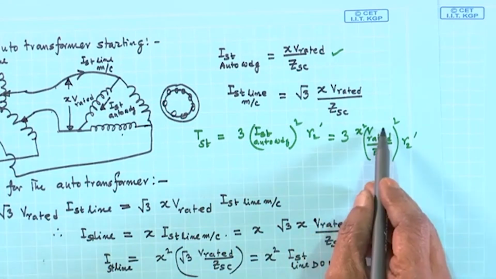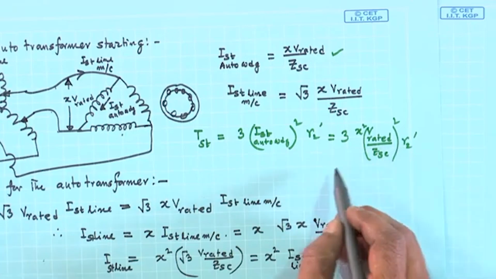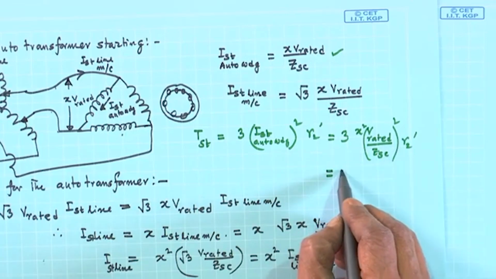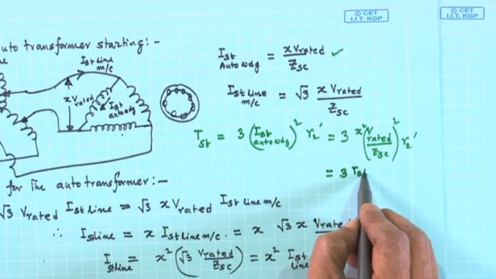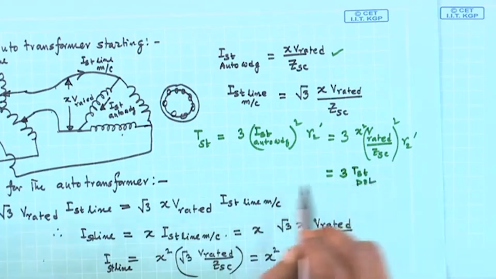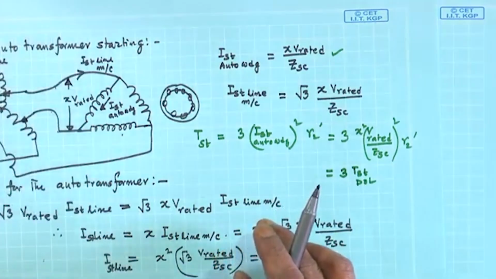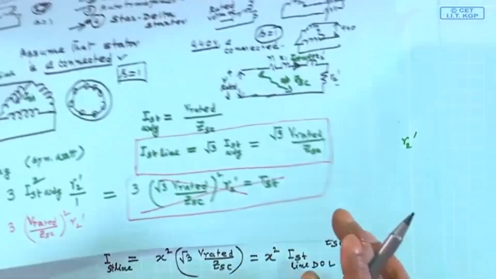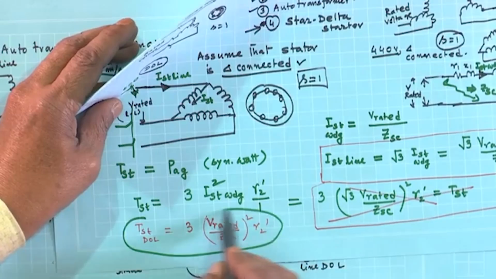But 3 into V rated by ZSC squared into R2 dashed is nothing but the T starting DOL.